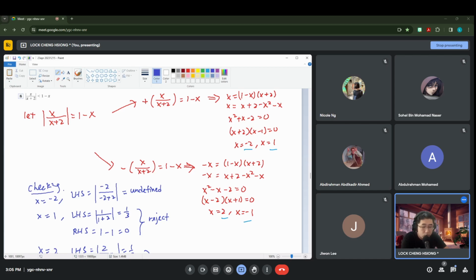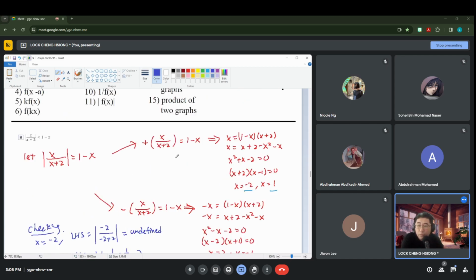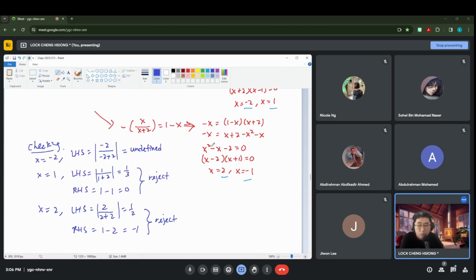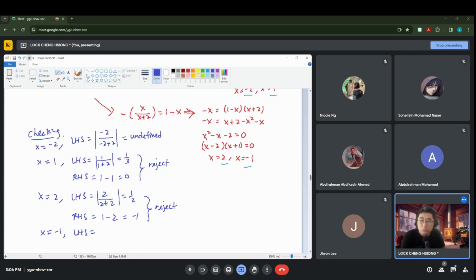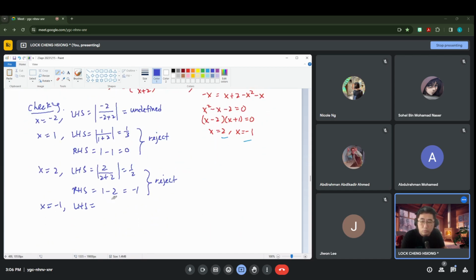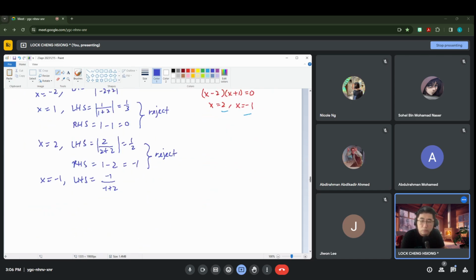Did I make any mistakes here? x equals minus 1, left hand side equals minus 1 over minus 1 plus 2, I have 1.